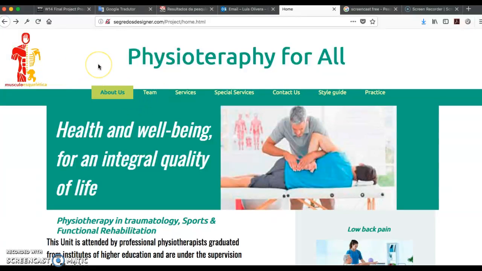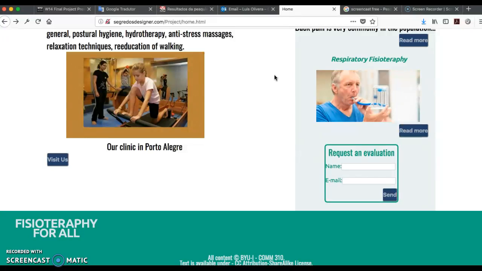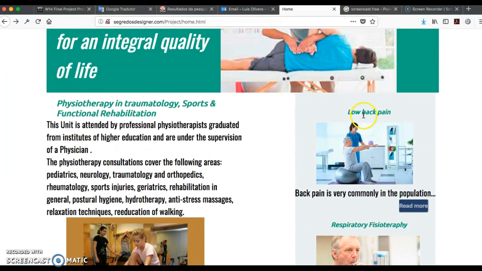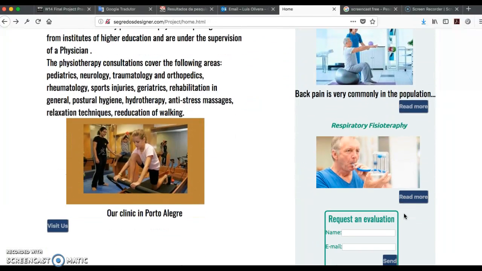this site has a home page, which is showing here, in which the objectives of the site are generally described, and a brief mention of the services that we offer on the site.